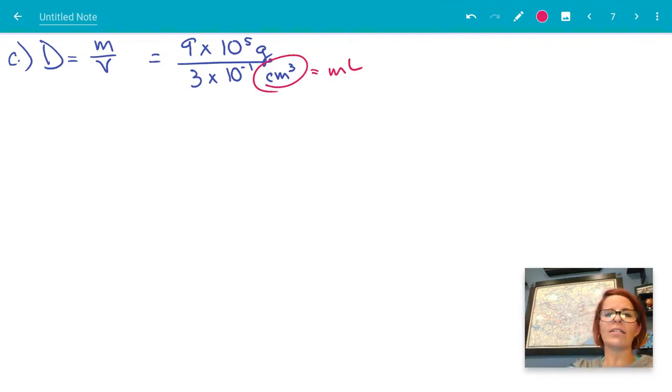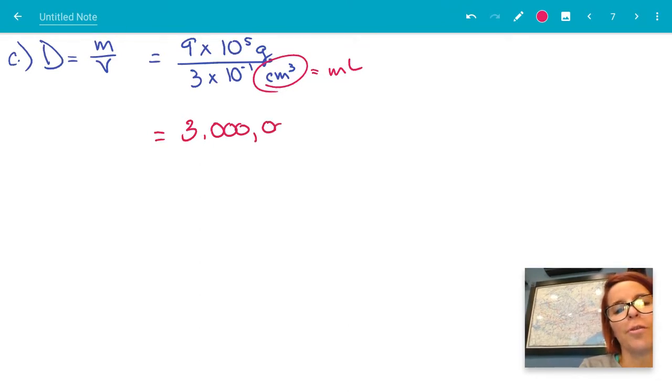So you can just type this straight into your calculator and get your answer. So 9 times 10 to the 5th divided by, and I'm going to put it in parentheses, 3 times 10 raised to the negative 1, close parentheses, equals, and it looks like to me it is about 3 million.